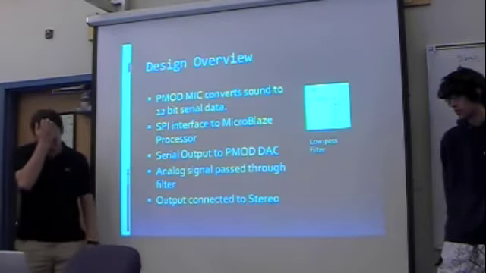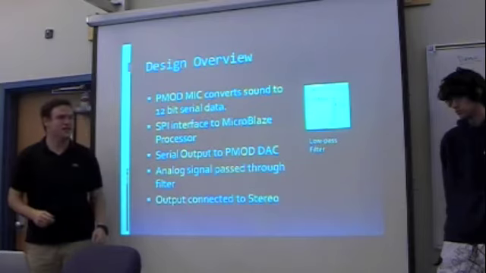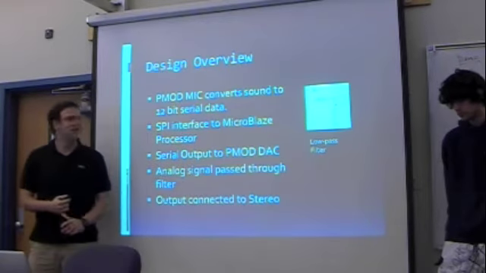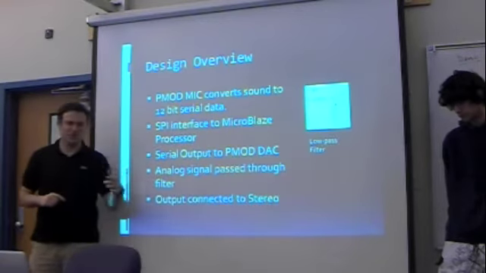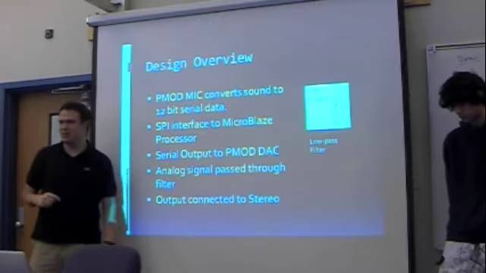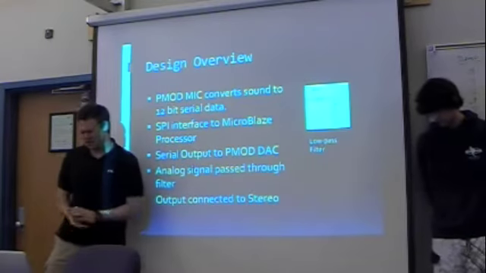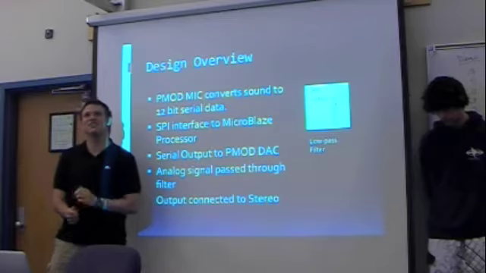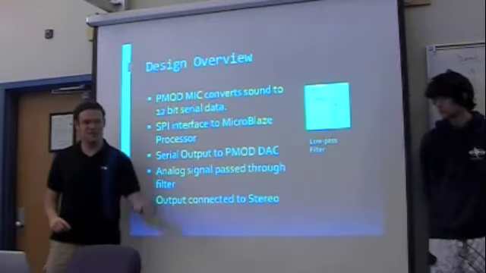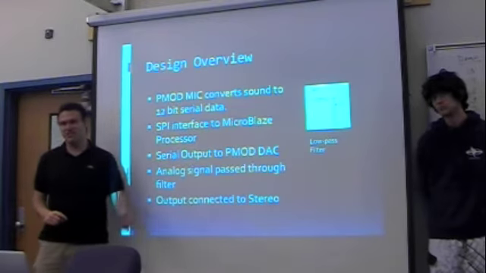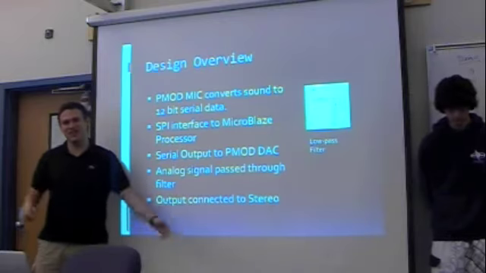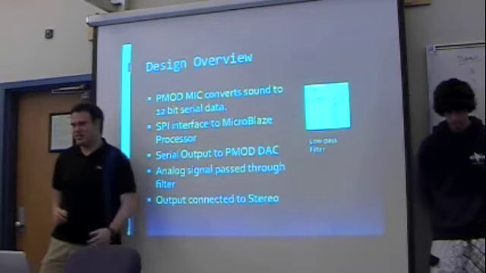In terms of software, we had to come up with a frequency. Pretty much everything runs through the interrupt handler because you need to get everything in a certain amount of time.